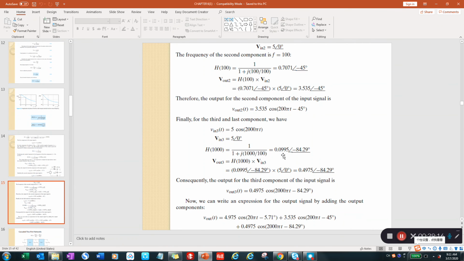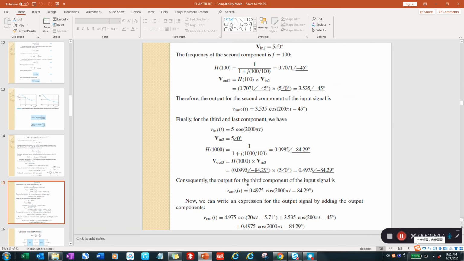So you can see at the frequency equal to 1000, the amplitude is almost 0. That means we reduce this frequency component. Here you can see 1000 is in fact a high frequency, most probably noise. The amplitude is 0.0995, so it can pretty much be ignored.